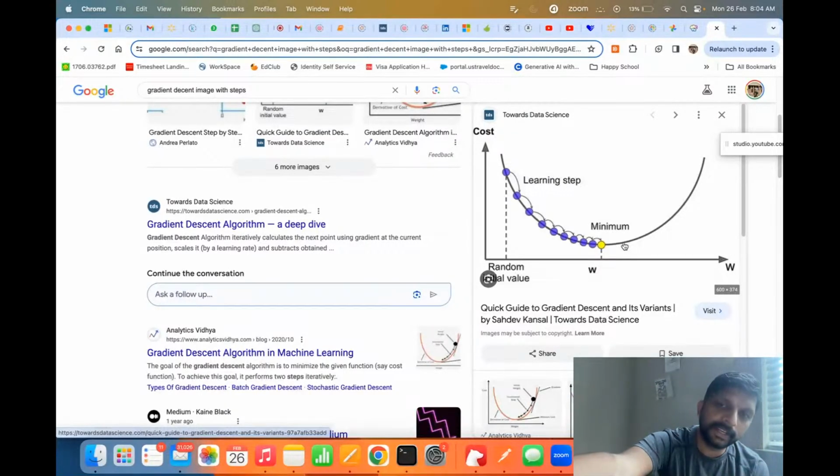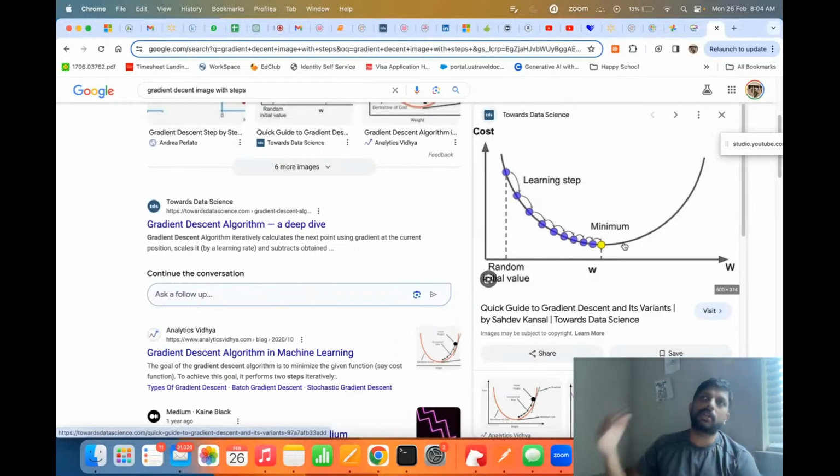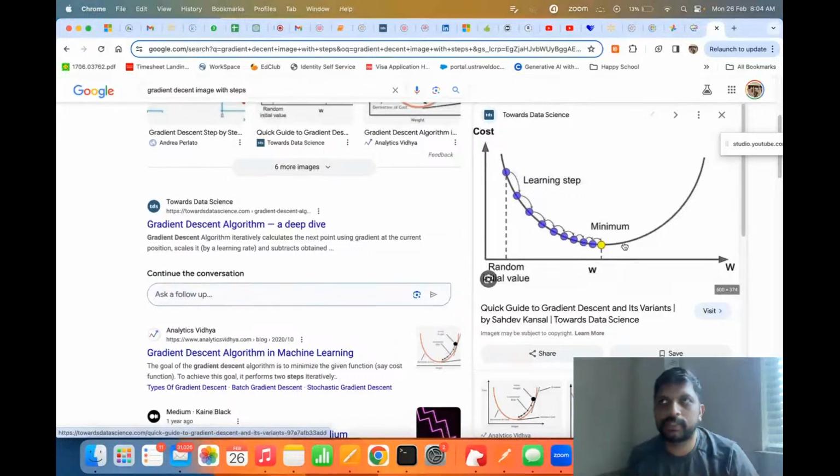So what happens, people, when the algorithm is run and when you do this gradient descent, you calculate the next step. If the next step is increasing, that is when you decide, okay, the next steps are increasing, so this should be the optimal point to which I should go, right?